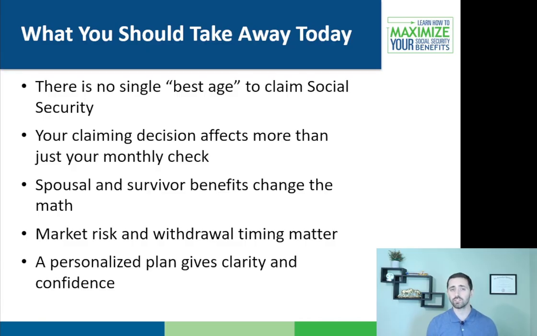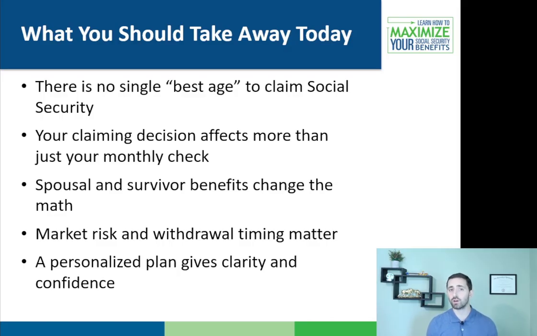The first of which, there's no optimal age of claiming Social Security benefits. Now, the system's actually designed to be roughly equal over the course of a lifetime, no matter when you decide to claim. That being said, your health, your family situation, what income looks like, are all going to make your situation truly unique. The Social Security decision is much more than just a monthly check decision.